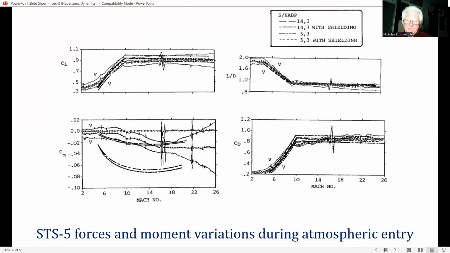The two HABP methods labeled with shielding refer to the shielding option in HABP, which accounts for the reduction in pressure on an elemental panel that is shielded, namely hidden from the free stream flow by another panel. For such shielded panels, the pressure coefficient is set to 0. Clearly, from the result shown in this slide, HABP gives a reasonable prediction of the space shuttle aerodynamic characteristics, except for the moment coefficient.